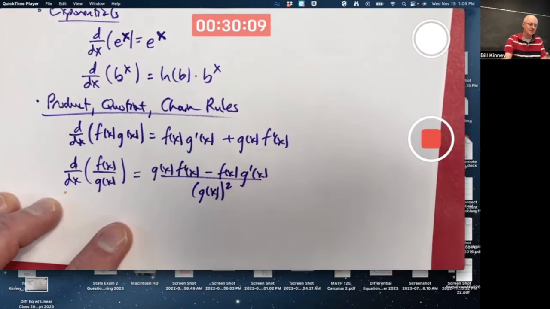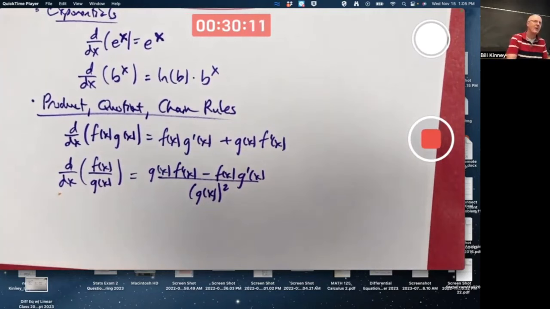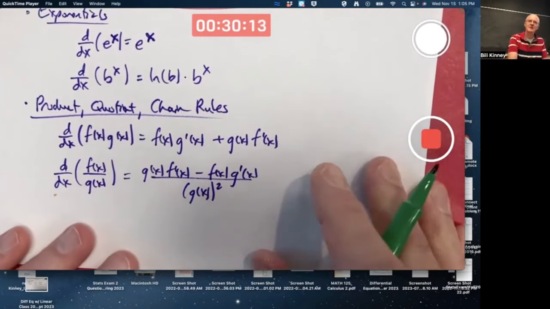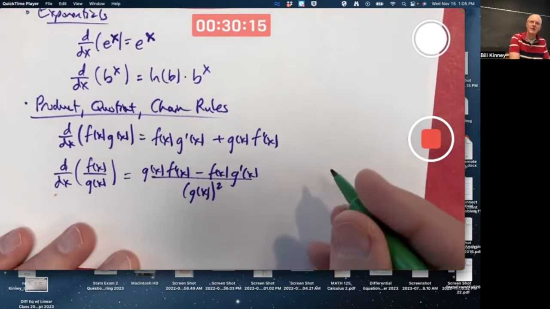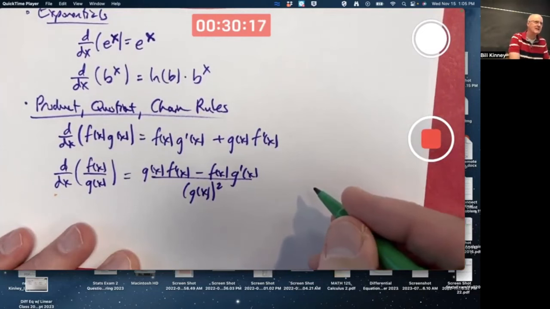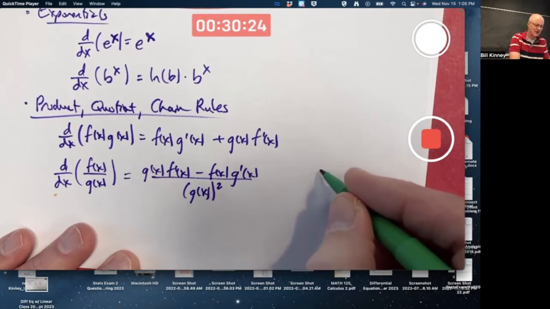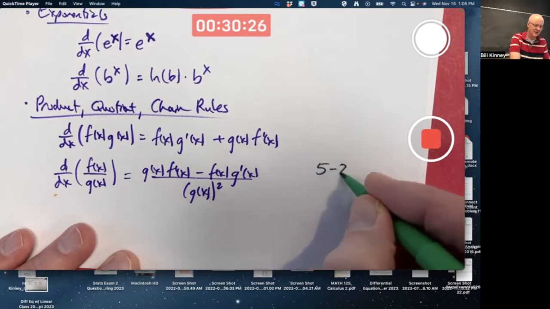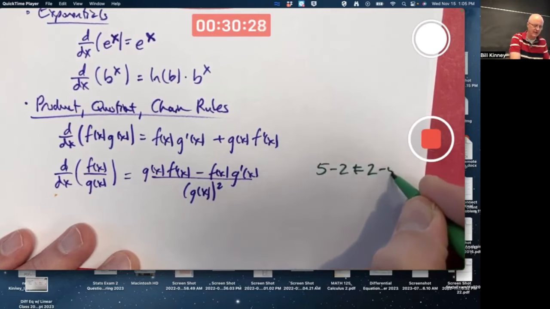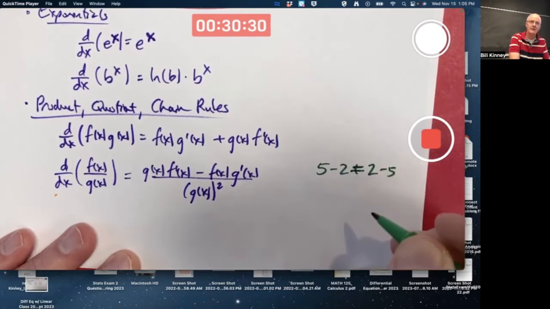Don't make that mistake. You might wonder, maybe I talked about this question a few weeks ago. If subtraction's commutative and subtraction is also addition, how does that work? Subtraction is not commutative. You know, 5 minus 2 does not equal 2 minus 5, right? 3 does not equal negative 3.